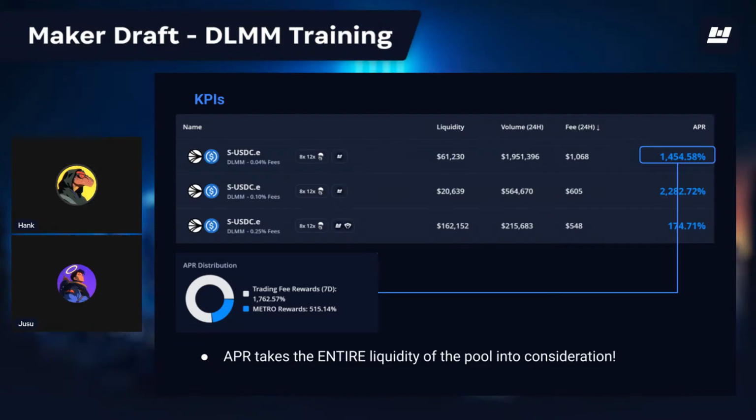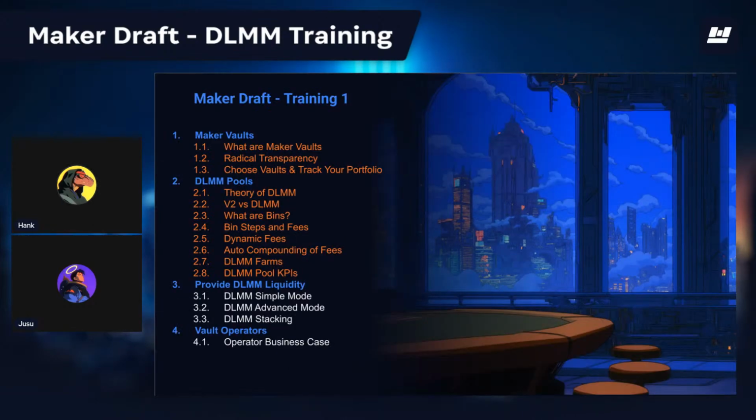This is not how it's running on Metropolis, where we're taking the entire liquidity in the pool, assuming this is a general allocation of people, a medium normal allocation, and then we calculate the APR over the entire liquidity. So this is maybe good to know. It's not based on a concentration, but as you deploy your own position, you will see a personalized APR just for you. I'm going to show that in a second.